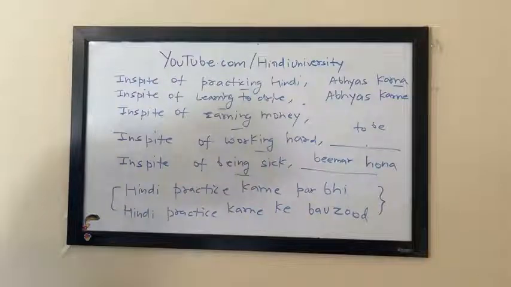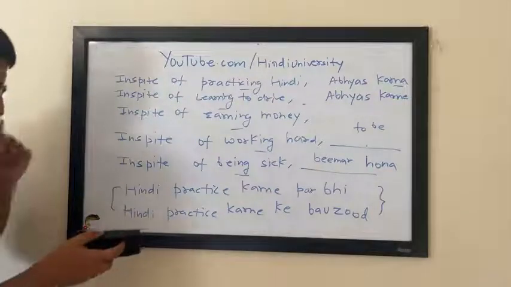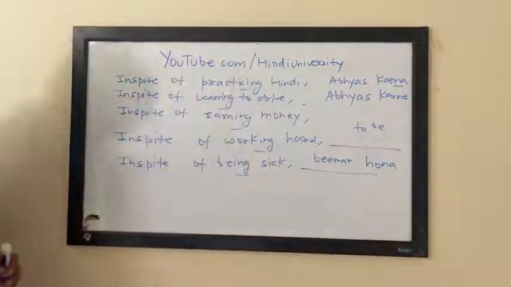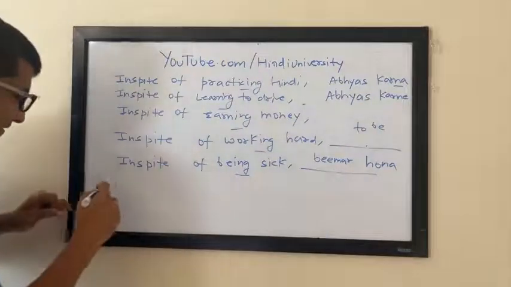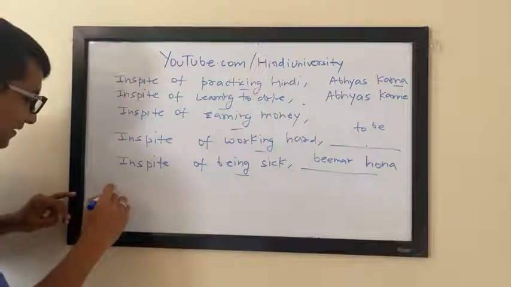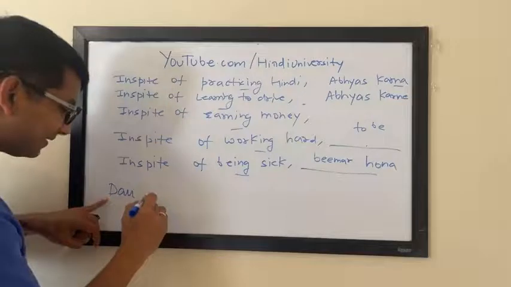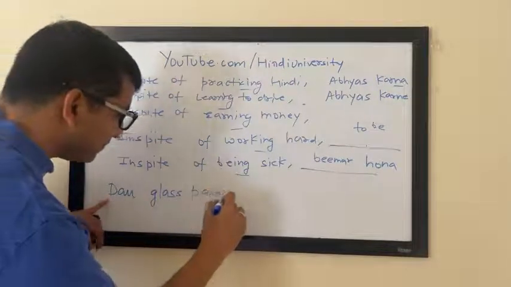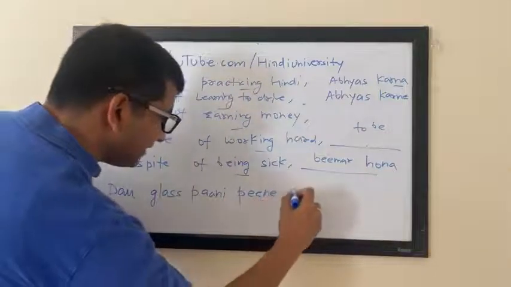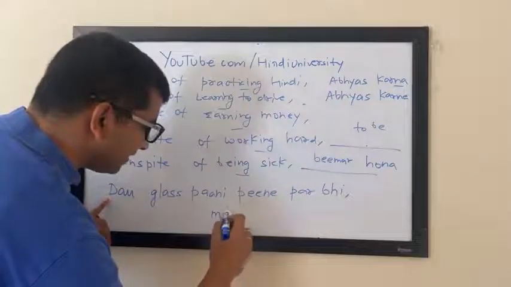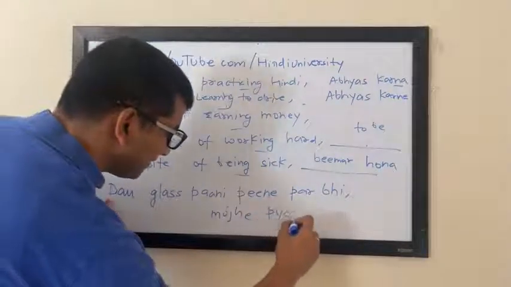So why don't we try this one? In spite of drinking 2 glasses of water, I'm still thirsty. Why don't you tell me, Nandini ji? दो ग्लास पानी पीने पर भी मुझे प्यास लगती है.